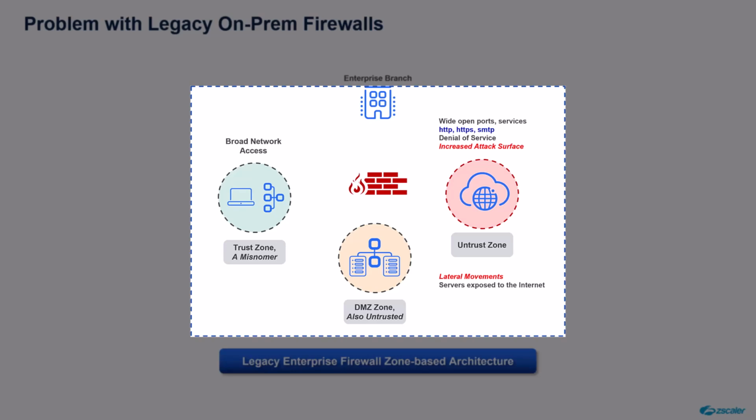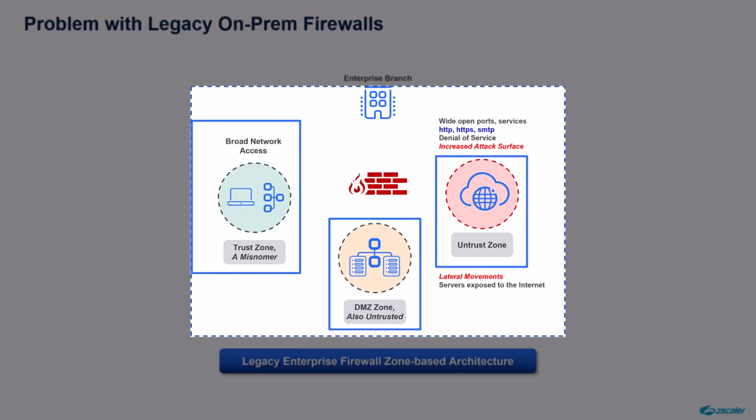And traditionally, enterprises or firewalls in the on-prem do have this notion of zone based architecture. So everything is categorized into different zones. Every zone is a set of network endpoints. So you group or segment these endpoints into different zones.